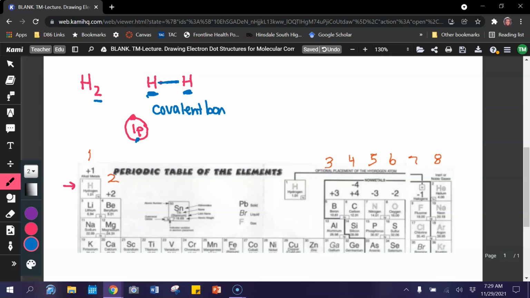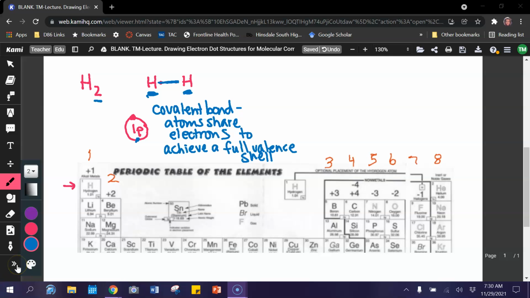A covalent bond is going to occur when atoms share electrons to achieve a full valence shell. And that sharing of electrons is represented by the dash or by the stick.